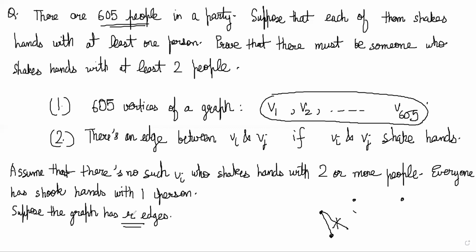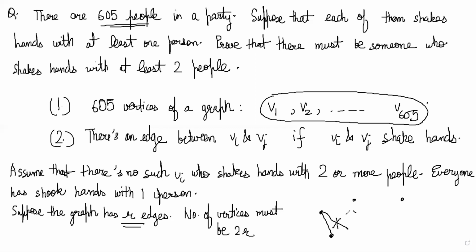If there are R edges, then what must be true? The number of vertices must be 2R, because each edge has two people at the end. You have to have two people to shake hands, so each edge will be connected to two vertices at the end.